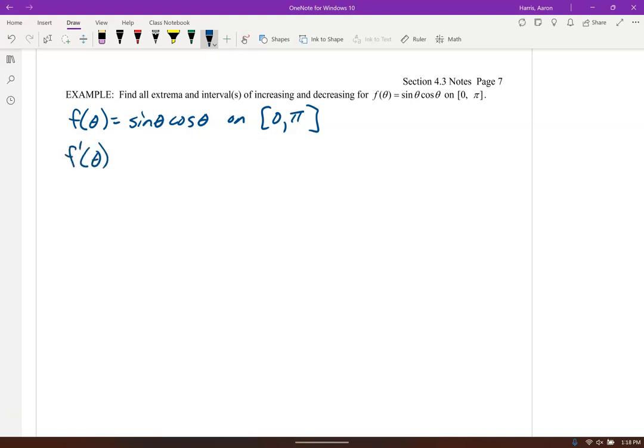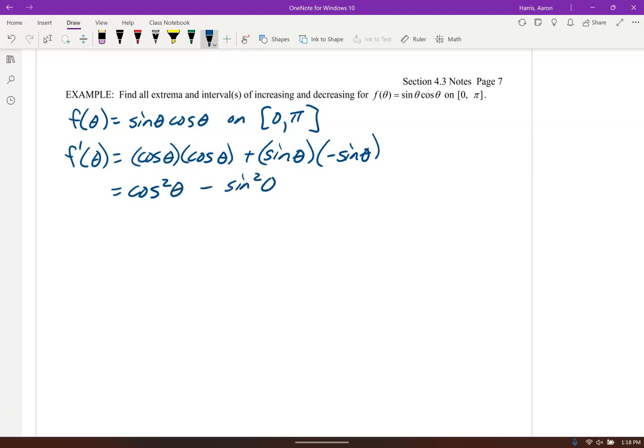Let's take the first derivative. Derivative of the sine is the cosine. So derivative of the first times the second plus the first, derivative of the cosine, derivative of the second is negative sine. So we got cosine squared theta minus sine squared theta. What I'm going to do is use the old Pythagorean identity. Remember, sine squared plus cosine squared is 1, right?